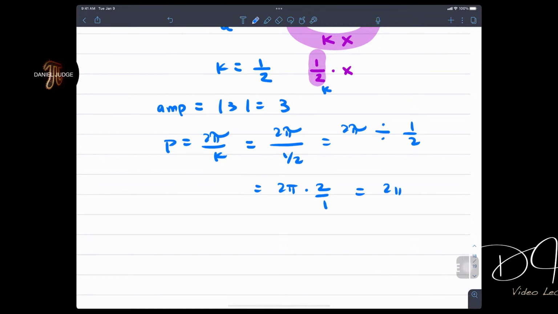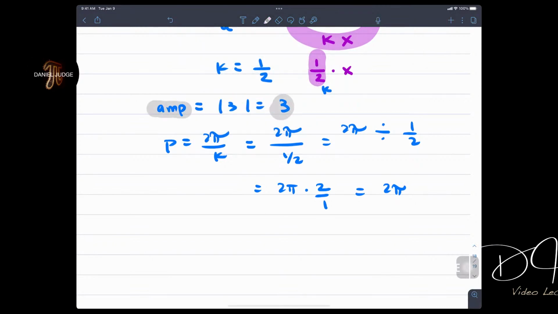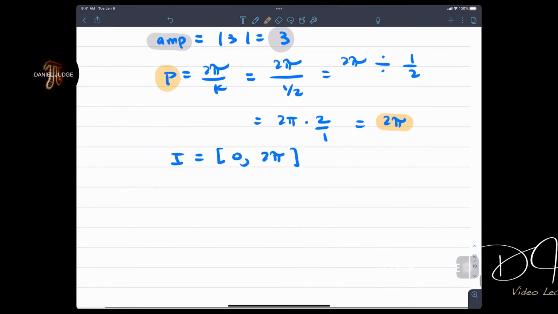So my period actually is 2 pi. So let's write this down. We get our amplitude is 3. Period is 2 pi. The interval of one cycle is 0 to 2 pi here.